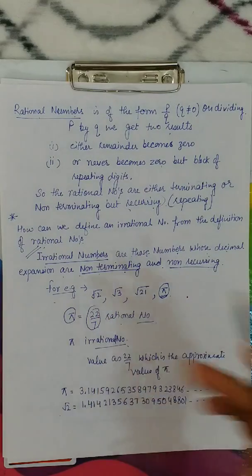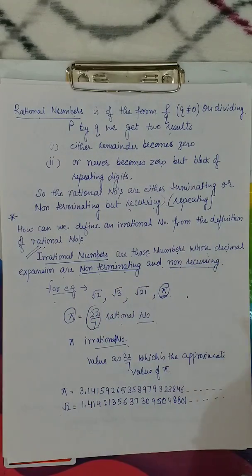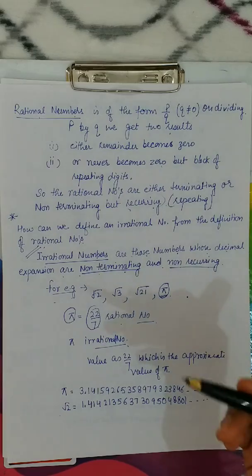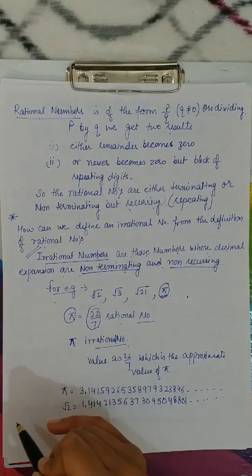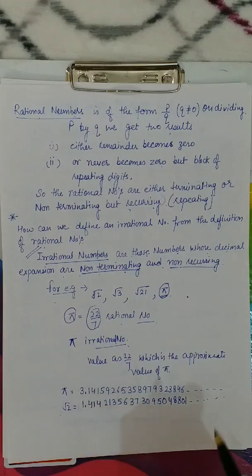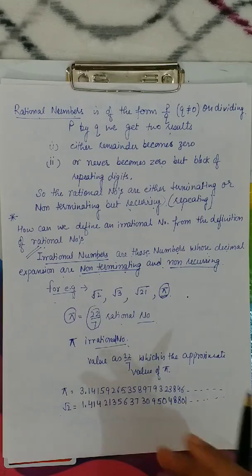Like root 2, all prime numbers, or the numbers which are not the perfect square of any number, like root 21, root 2, root 3, root 5, root 7. Clear? So they all are irrational numbers, and mainly the pi we consider is an irrational number, but we consider its value 22 by 7, which is the approximate value, and that value is a rational value.